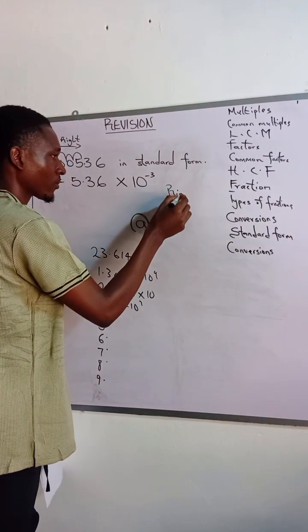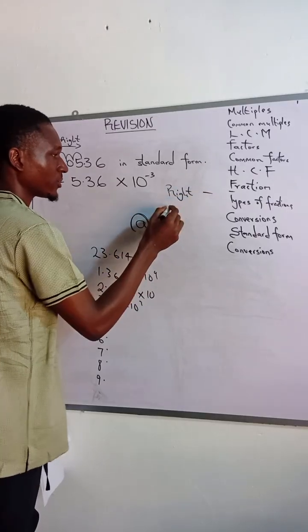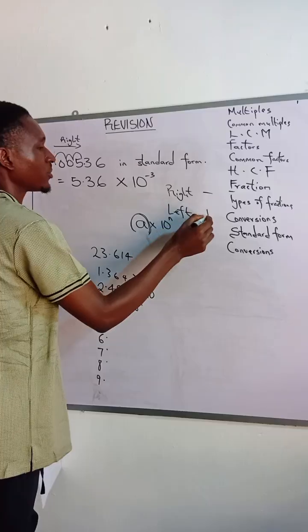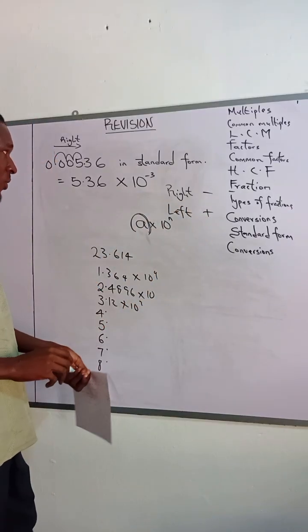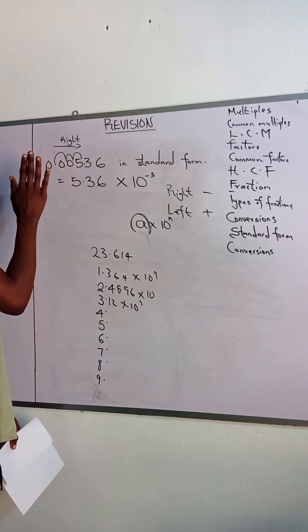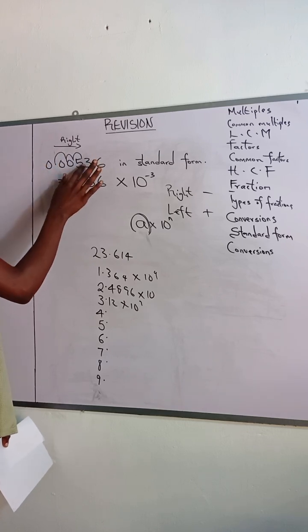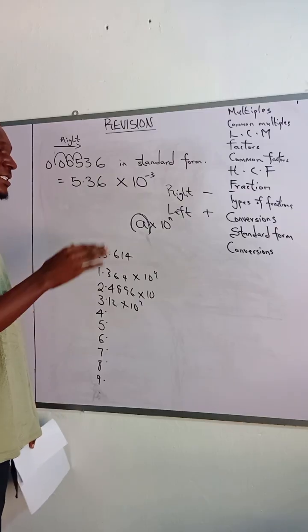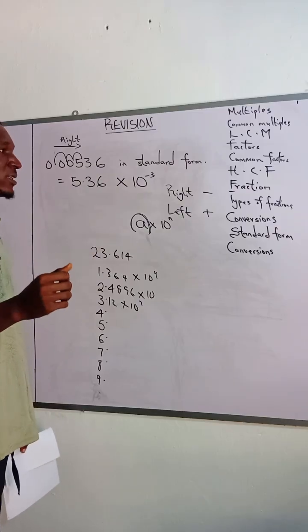So right is minus and left is positive. This is how you convert from an ordinary number to a standard form. Are you getting it? We have other examples. If you are still not clear with this, you can reach out to me privately.